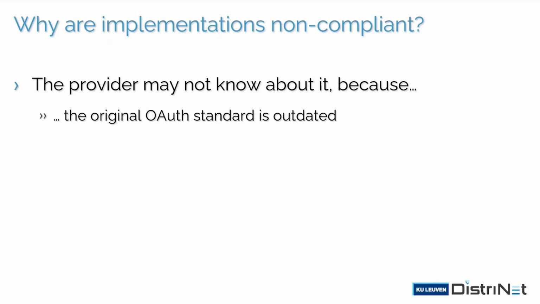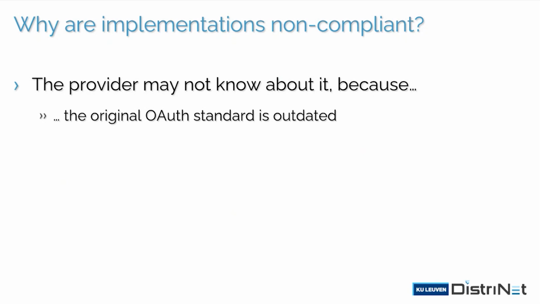So one of the problems here is the best practices document of OAuth. This is the document where, whenever a new attack comes out, they describe it there and describe all the potential countermeasures. That's published as a draft, right? It's not a standard because it continuously changes.